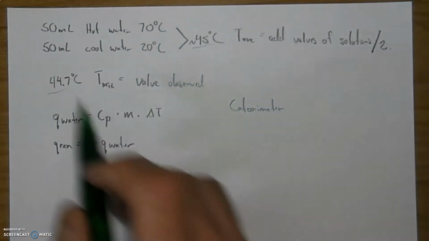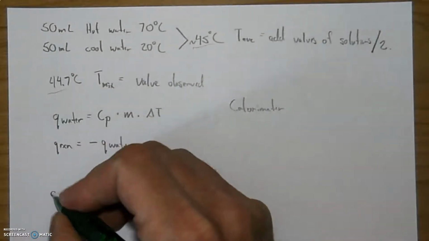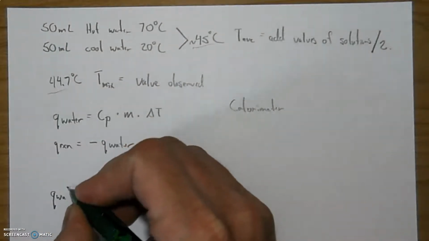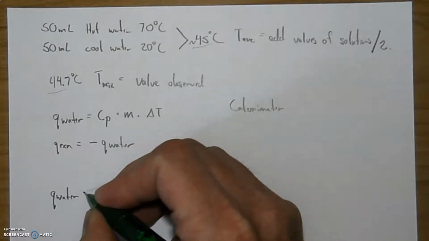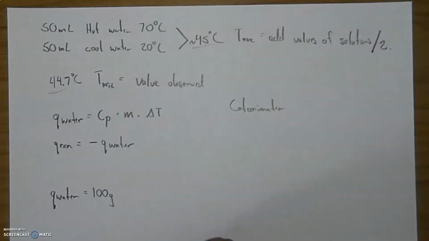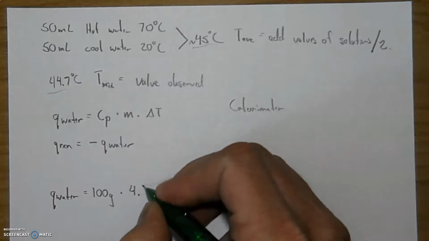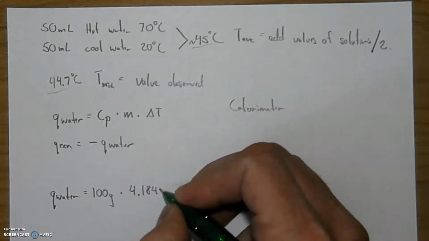Let's say we have these two solutions. We add them together. And again, we're looking at the water. We have 50 mils, 50 mils. We have 100 grams of water. We have our specific heat. That's just a known constant value.